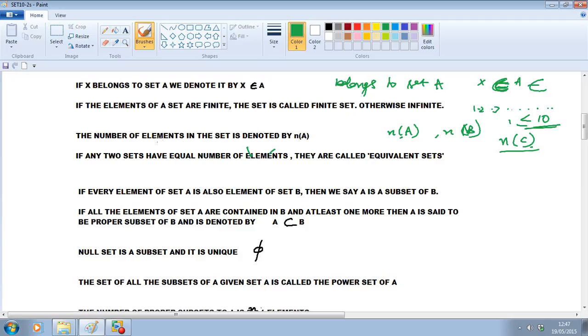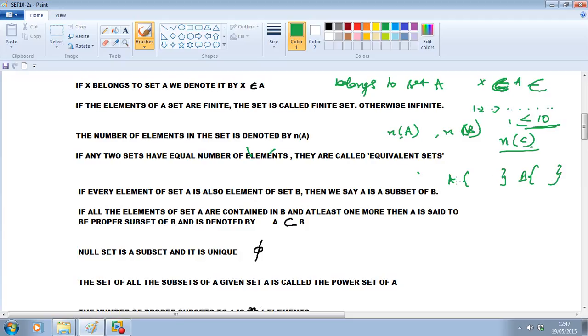Next, if any two sets have an equal number of elements, they are called equivalent. So we are classifying different sets. In some cases, it may happen that set A has 5 elements and there is another set B, where all the elements of A are available in B and something more also.